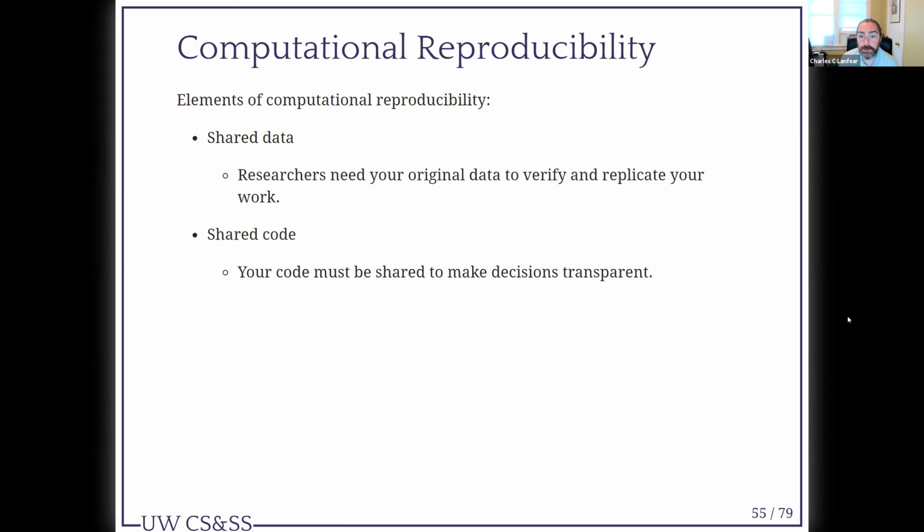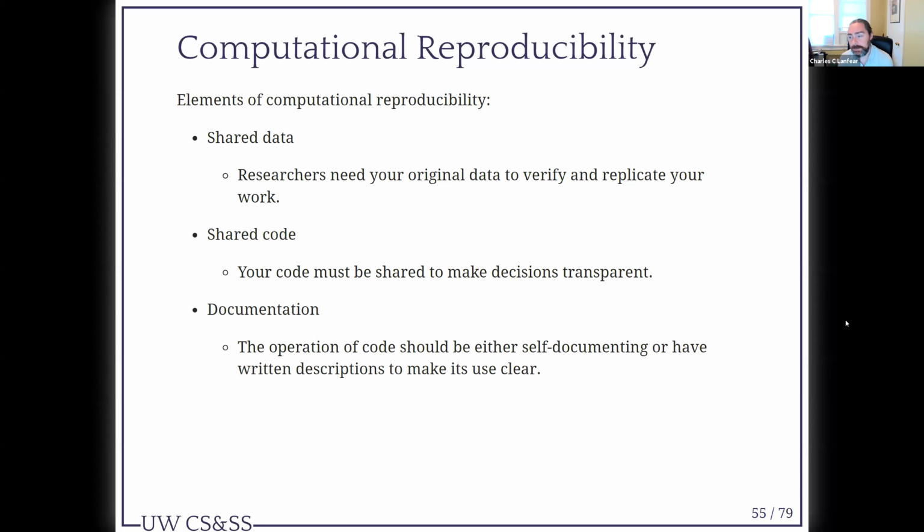If you give people code that starts with the raw data and finishes with the analysis, they can see everything you did. If you made some gross mistake, maybe they can find it. But it will in general reassure people that you are not misleading them on purpose, because they can see the code and they know that they could dig around and find something done improperly if they look hard enough.